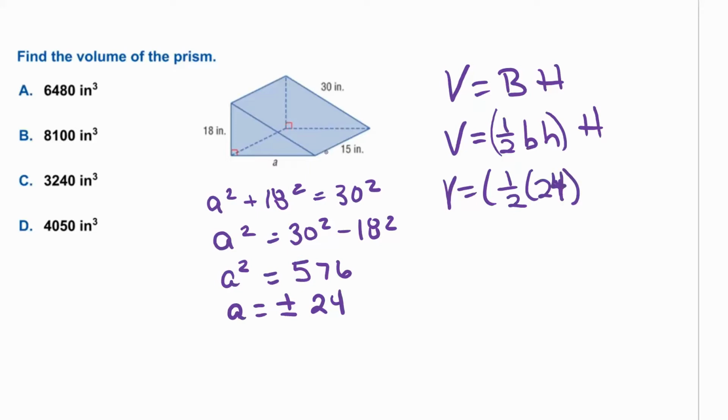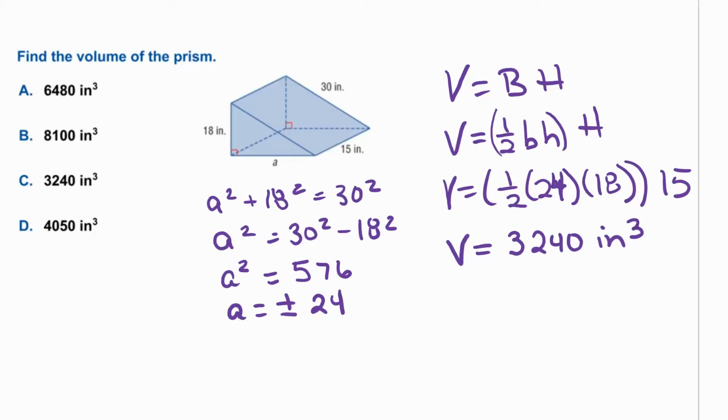The height of the triangle is 18. The height of the prism is 15. Putting that into our calculator, we would get the volume is equal to 3,240 inches cubed.